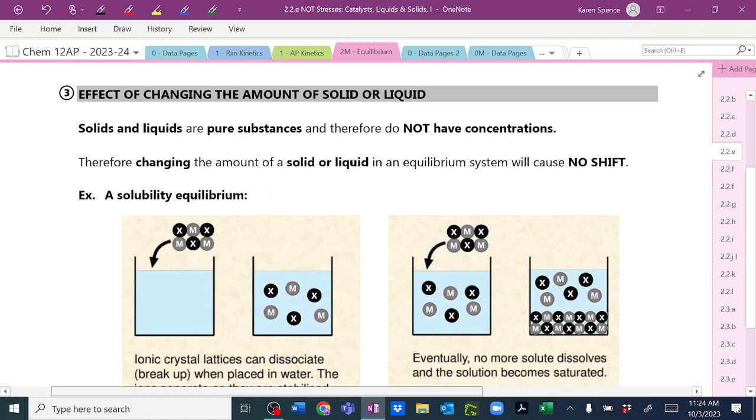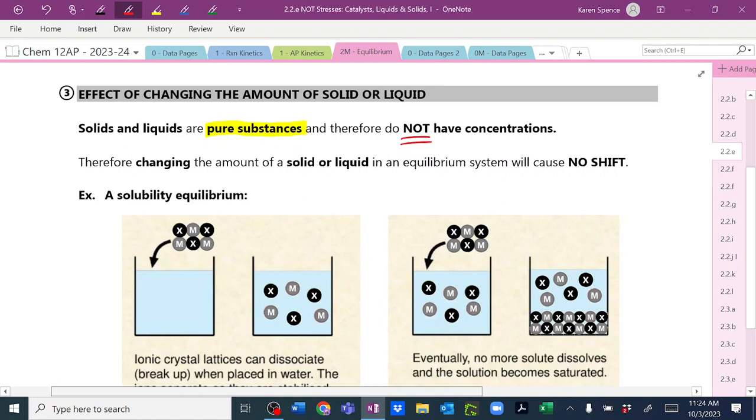Now this is going to become important in Unit 3 because in Unit 3 we look at precipitation and dissolution. Solids and liquids are pure substances. What can you say about pure substances and their concentrations? They do not have concentrations. Why not?